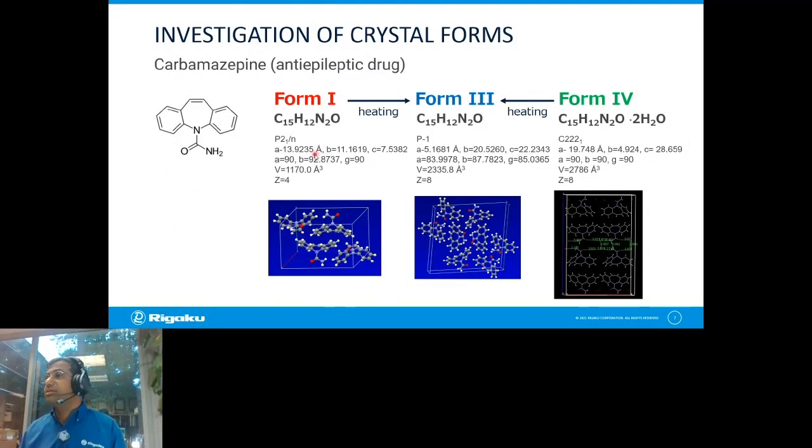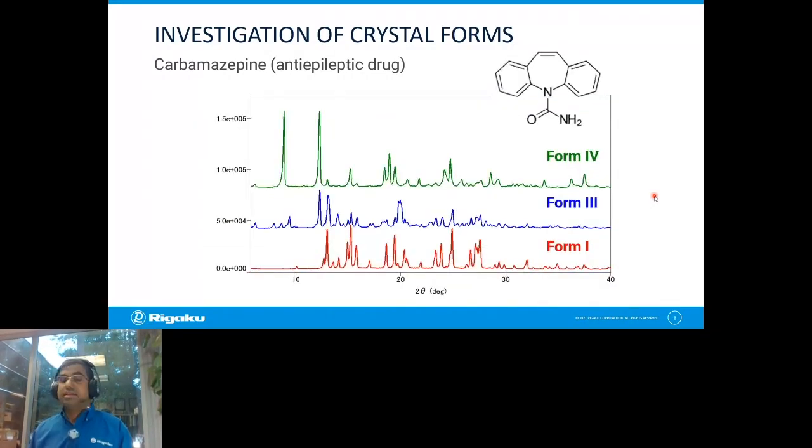For example, this one has different space groups, triclinic, monoclinic, and different unit cells. But the most important form would be form 3. These forms can be converted sometimes by heating or different processes. So that's polymorphism. And XRD is very useful in quickly identifying the polymorphic forms.